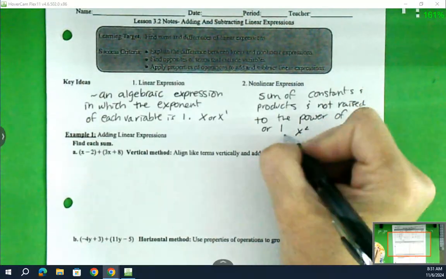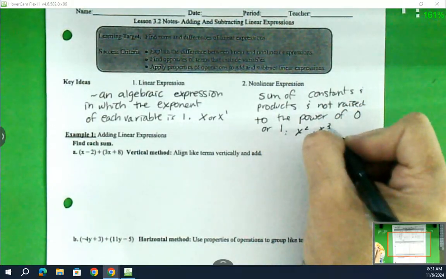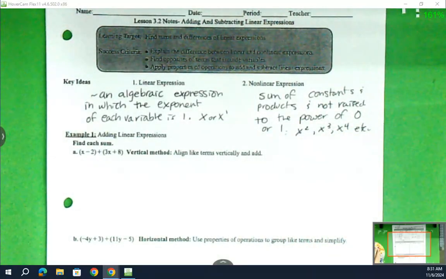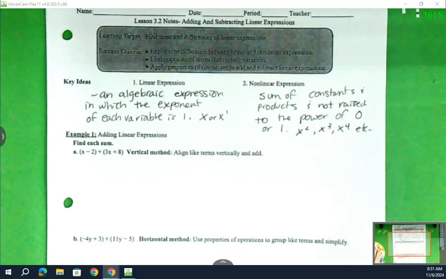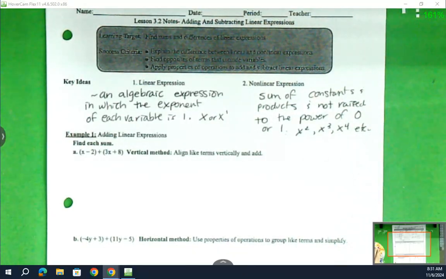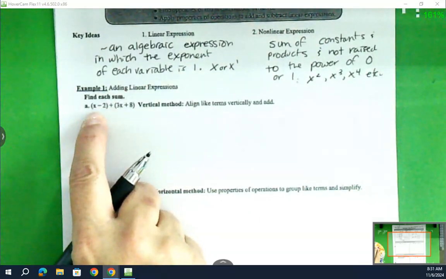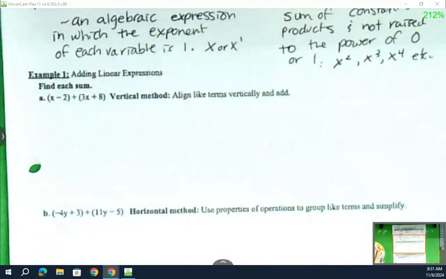So some examples here would be x squared, x cubed, x to the fourth, etc. You'll notice in all of our questions here, we just have x or y, the variable, to the power of 1. There's not going to be any x squareds or cubes or anything like that, and that's what makes it linear. So we are going to be adding integers.